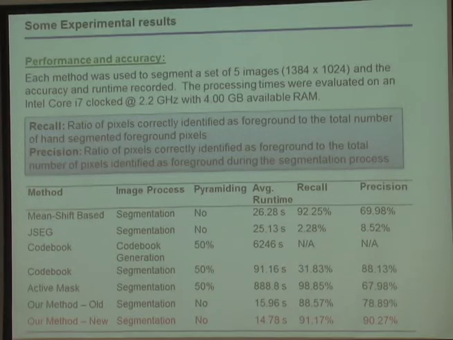This is a very, very good algorithm, but did not work very well on our data set. In terms of precision and recall, the algorithm I showed you is yet unpublished. This one was published in ISVC. We are getting precision of about 90.27% and recall of 91%. So 90 plus, okay. Very, very good. We can live with those numbers.